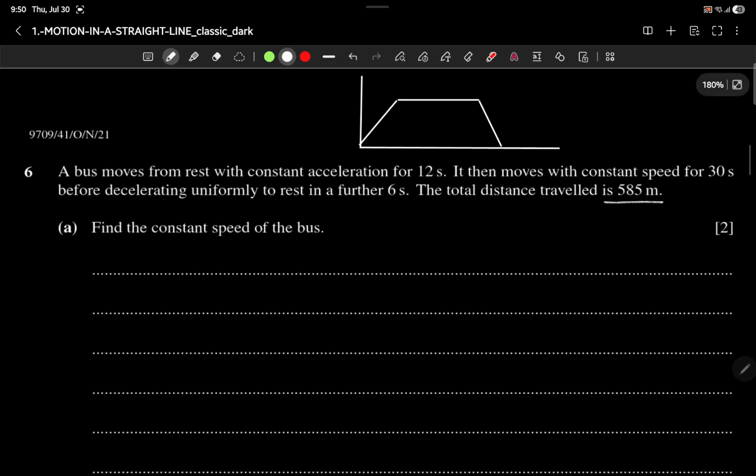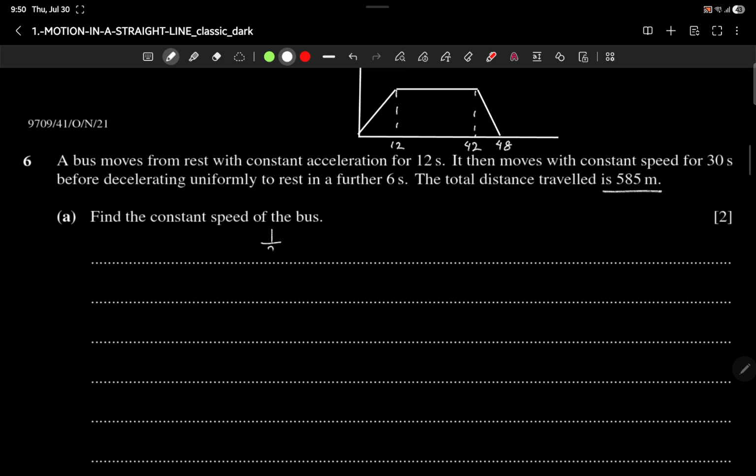Okay, so it moves from rest with a constant acceleration for 12 seconds, 12, then moves with a constant speed for 30 seconds, 42, and then decelerates uniformly to rest in 6, so this is 48.